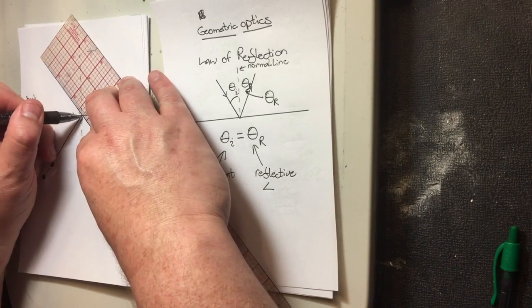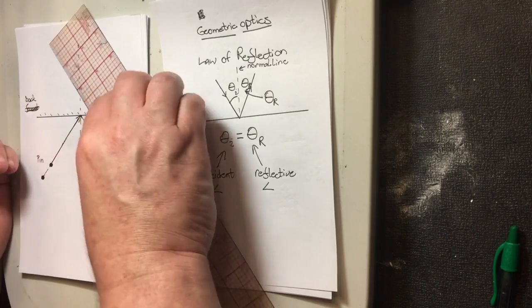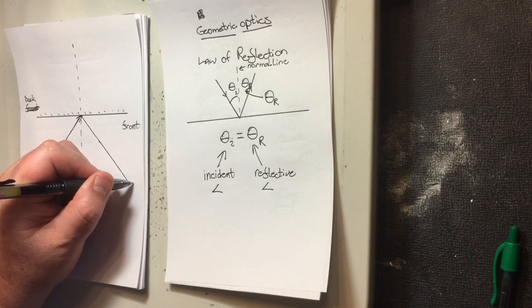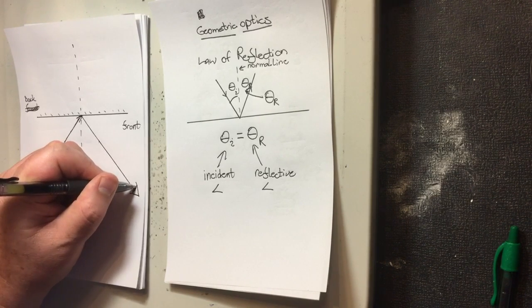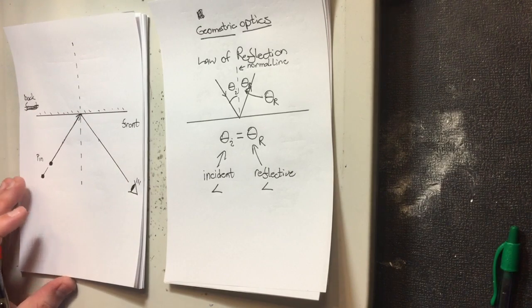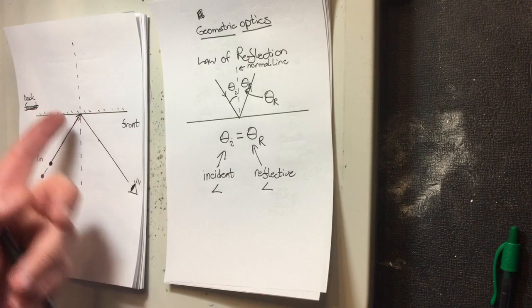And what you're going to do is put your eye at a particular location. Now all of this is happening on a mirror on a cork board.